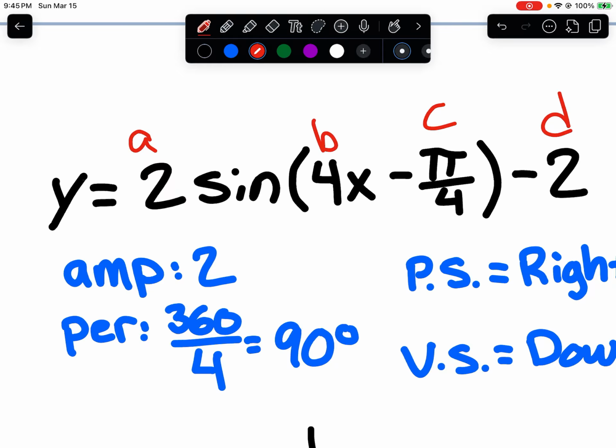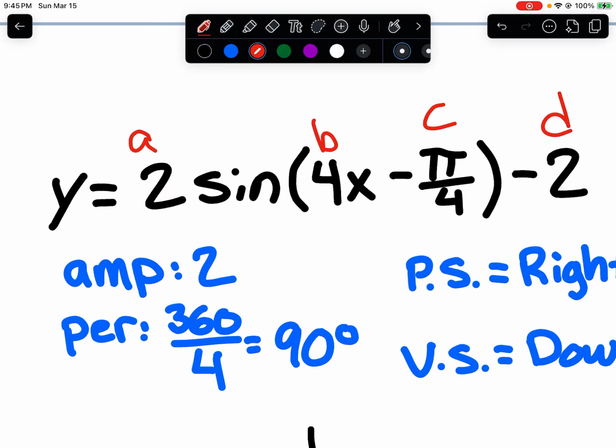Now this phase shift with the pi over 4, if my period is going to be in degrees, I'm going to want my phase shift, or my left-right shift, in that same unit. So I would want to switch that pi over 4 into degrees, which is 45 degrees. So that's where I'm getting this phase shift of right 45 degrees. Okay, and then that minus 2 is telling me it's getting shifted down 2.